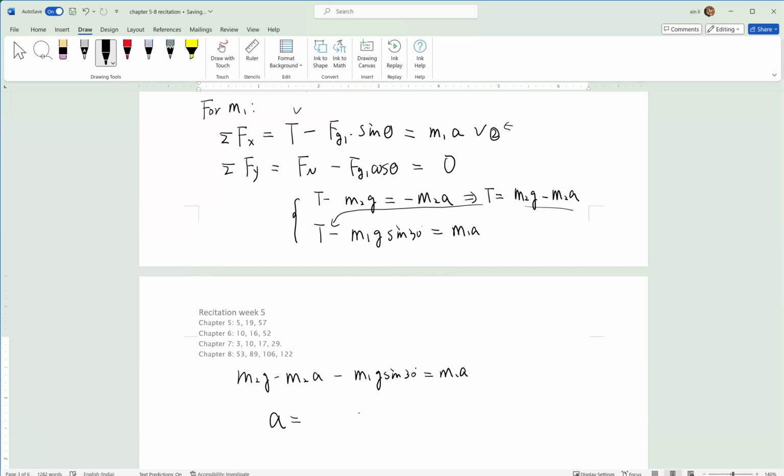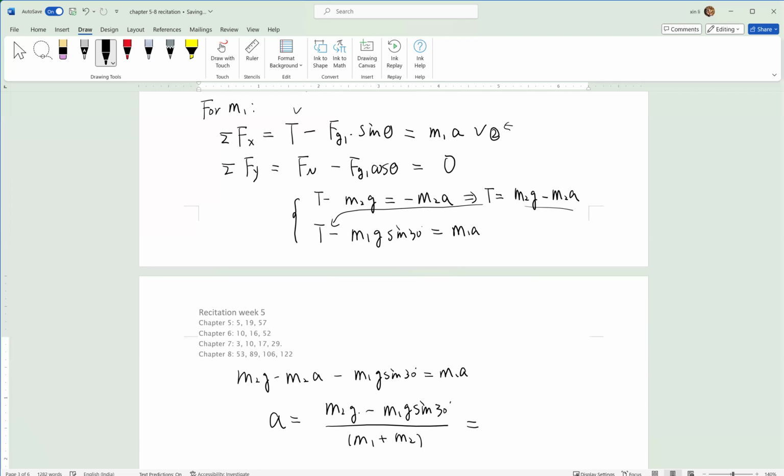So for A, I'm going to get a symbolic solution first, okay? You can add M2A on both sides, and you are going to get M2G minus M1G sine 30, divided by M1 plus M2.